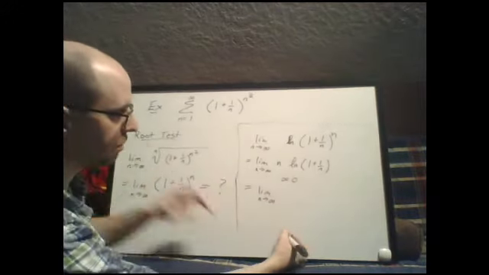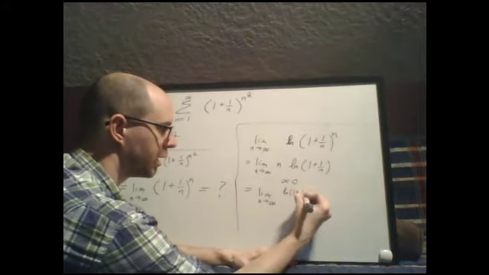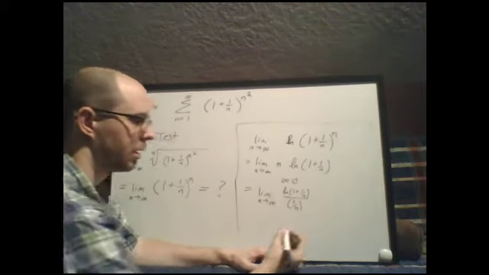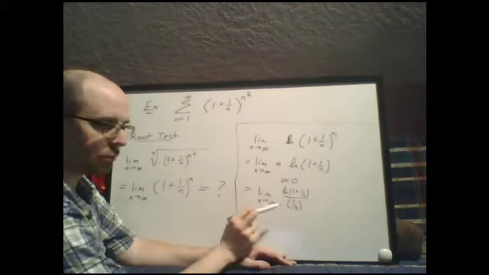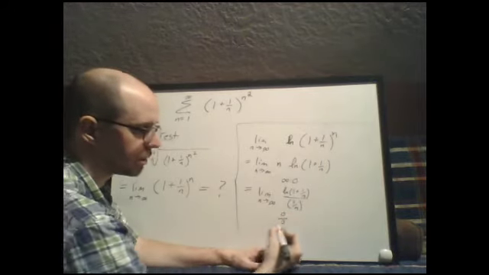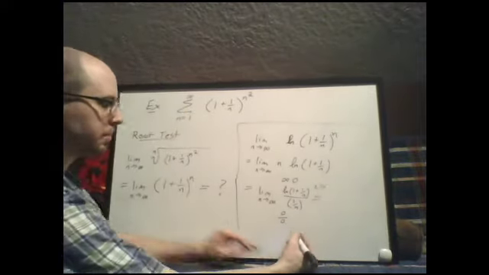So I want this to be ln of 1 plus 1 over n divided by 1 over n. Now this is 0 divided by 0, so I use L'Hopital's rule on that indeterminate.